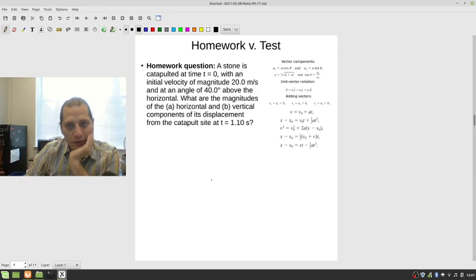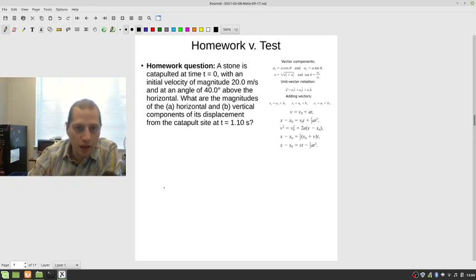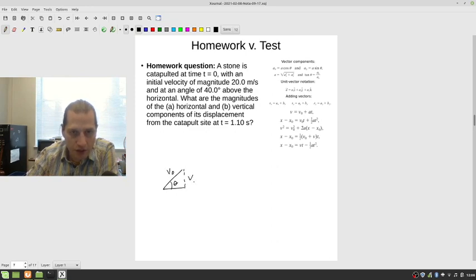Okay, the last one that I want to go over from the test is this idea of shooting a ball out at some angle and then splitting up your initial velocity into initial velocity in the x direction and initial velocity in the y direction.